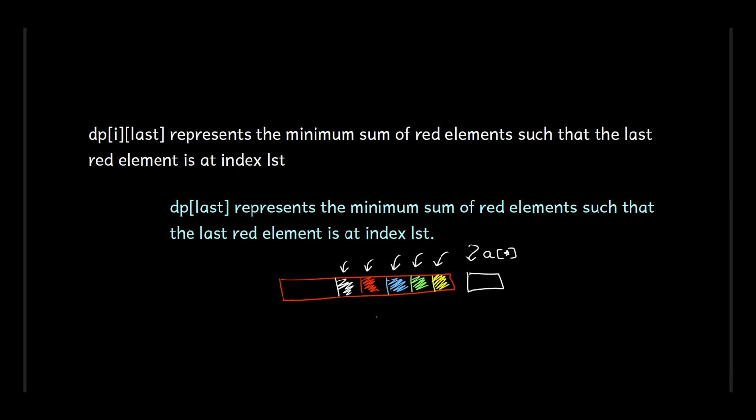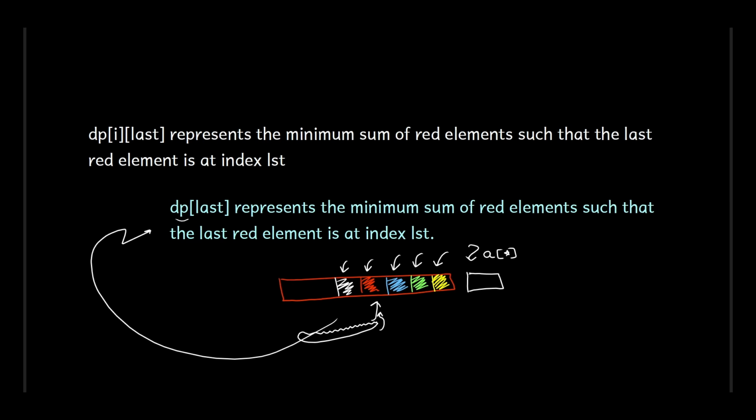So suppose you have decided that this is the last barrier. Then you would want to compute the minimum sum of all the elements of the barrier such that the last barrier is at this location. And this is nothing but what we have been storing.